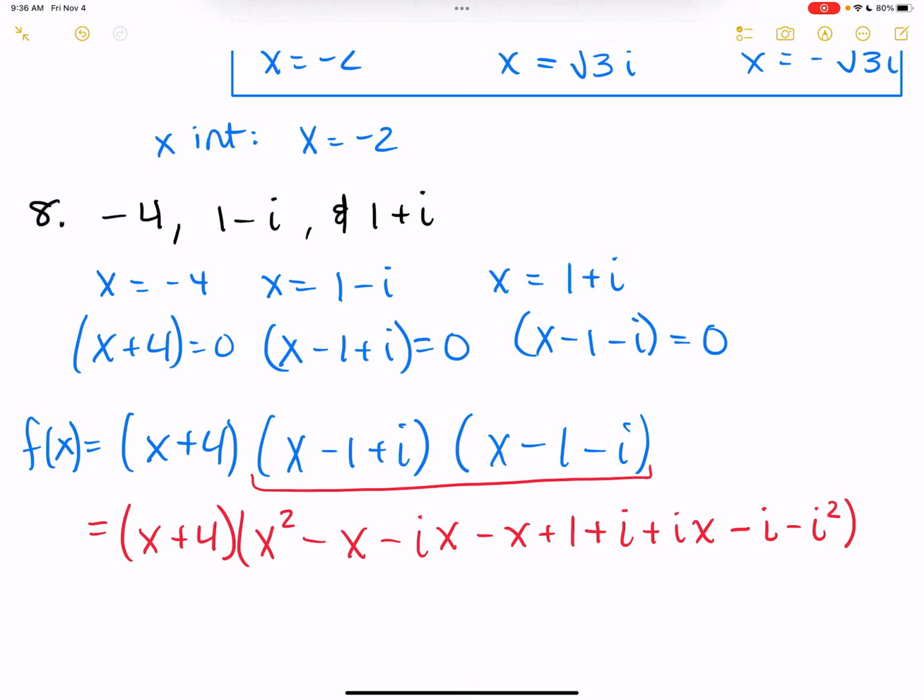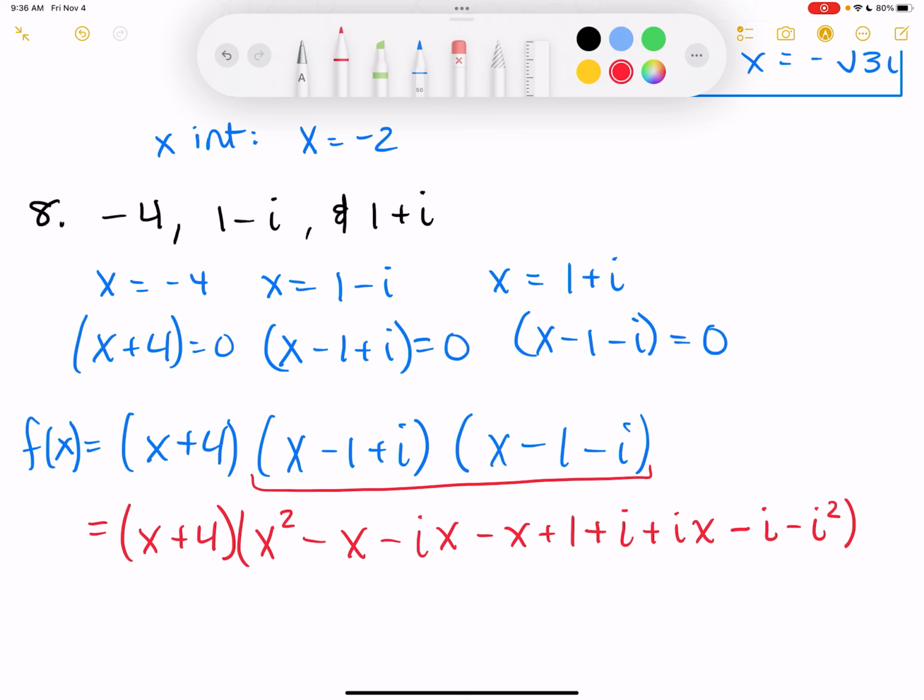And then I'm going to go through and cancel some stuff out to make my life easier. So minus ix and plus ix cancel, so I'm going to get rid of that. Everything with an i cancels. Plus i and minus i cancel. Now negative i squared is going to become plus 1.